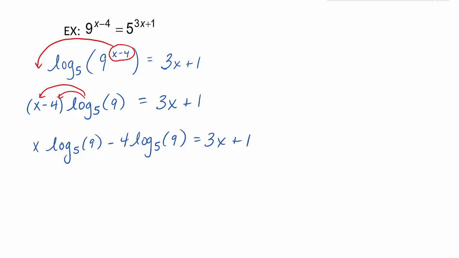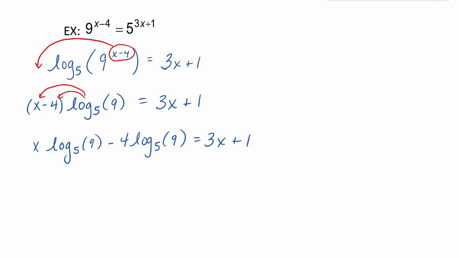But notice that our x shows up more than one time. Anytime a linear variable shows up more than once, and that's the one we're solving for, we do the same technique of getting all the terms containing that variable on one side of the equation, all the terms that don't contain that variable on the other side of the equation, and then factor the variable out.